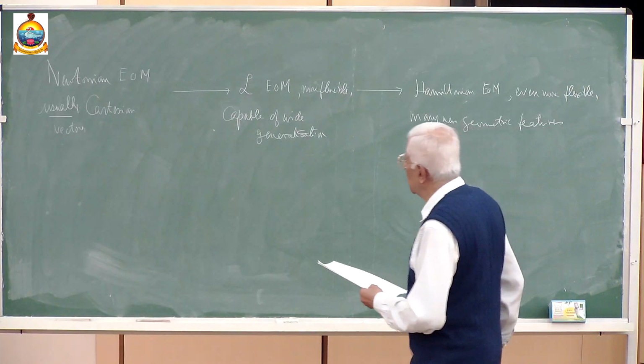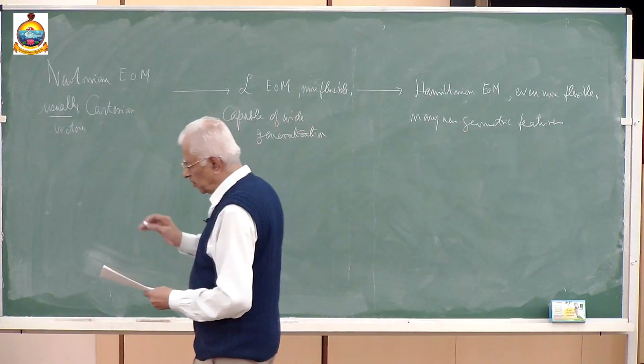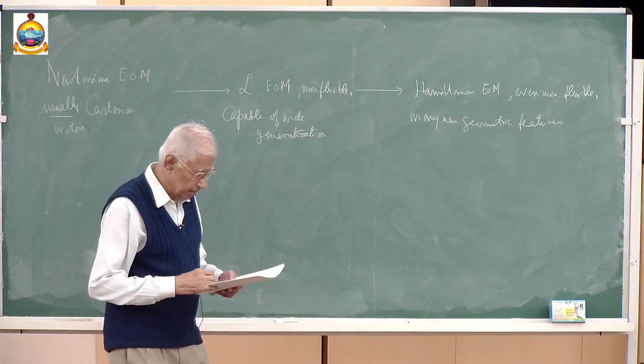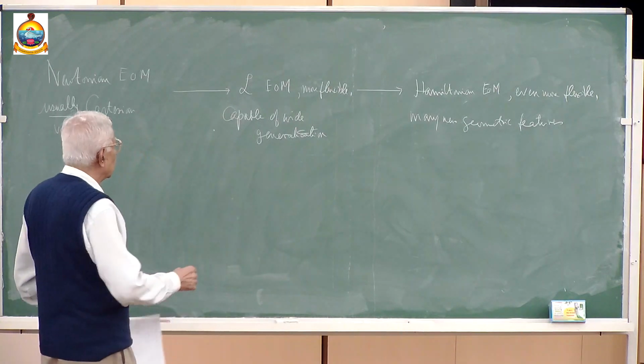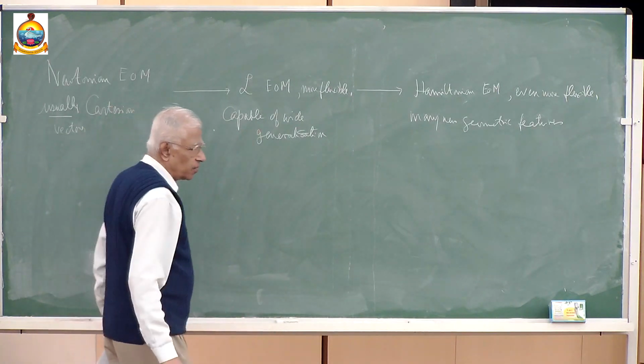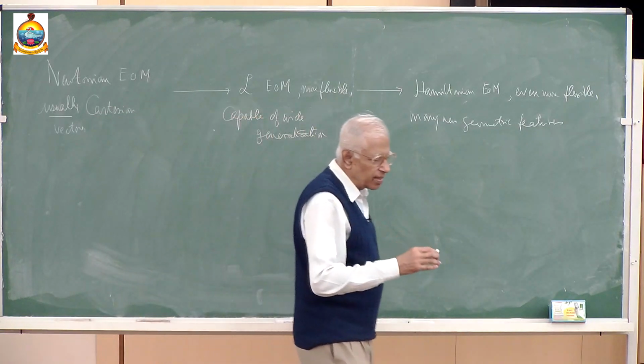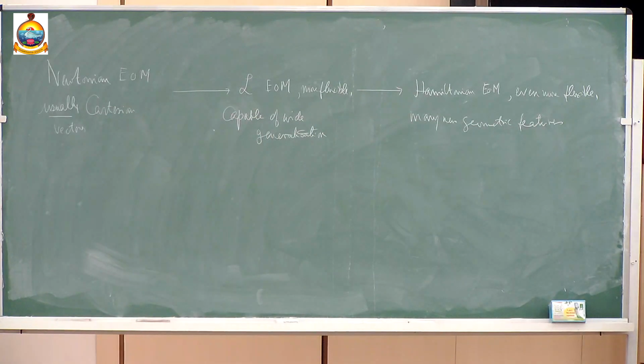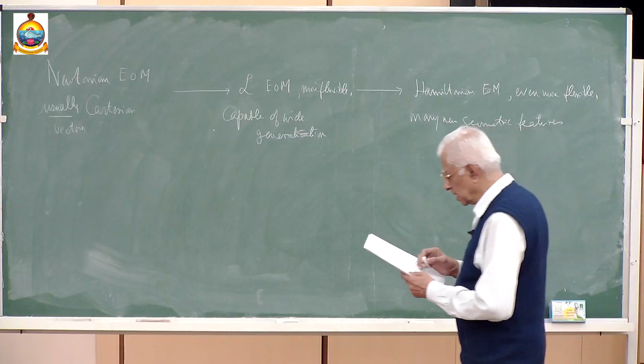Some other terminology: for the usual kinds of non-relativistic systems, the Lagrangian equations of motion are ultimately a system of second order ordinary differential equations with respect to time for the generalized coordinates.